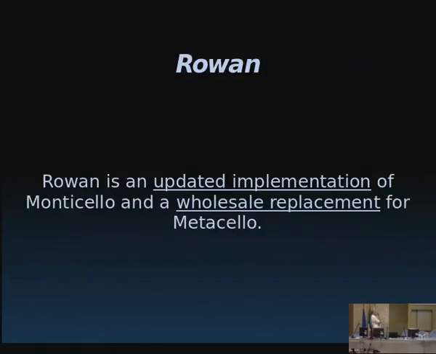Rowan is intended as an updated implementation of Monticello and a wholesale replacement for Metacello. Monticello is about 15 years old; I think it was first introduced around 2003, 2004. Metacello was 2009, so it's 10 years old.